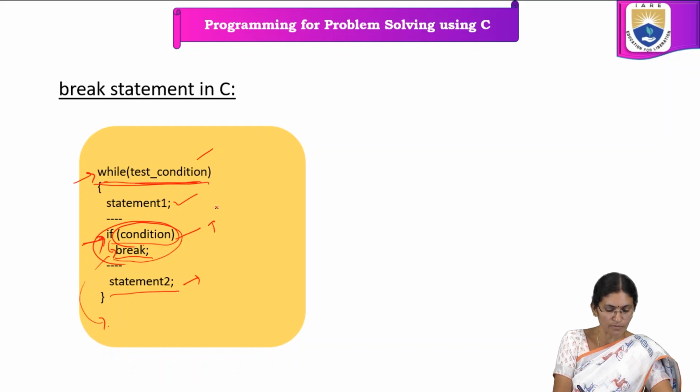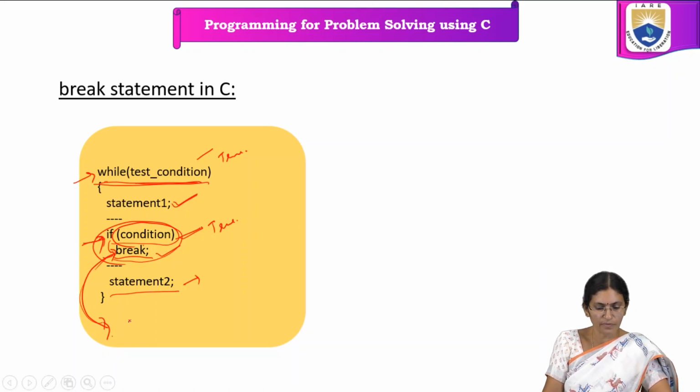If this evaluates to true, then the next control is transferred to the break statement. Immediately after this, the control is transferred out of the loop. In this way, we can understand the use of the break statement in C in a while loop.